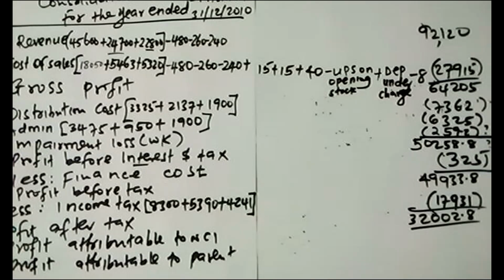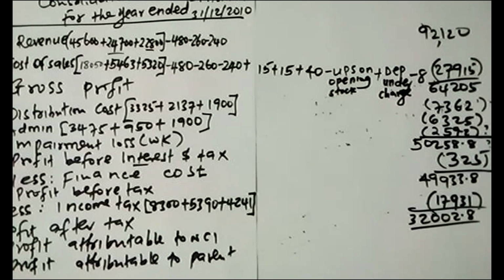So what we have to do is a working. We need to compute it again, whereby we adjust the profit of the subsidiaries. The non-controlling interest is the percentage which is unacquired in those subsidiaries.